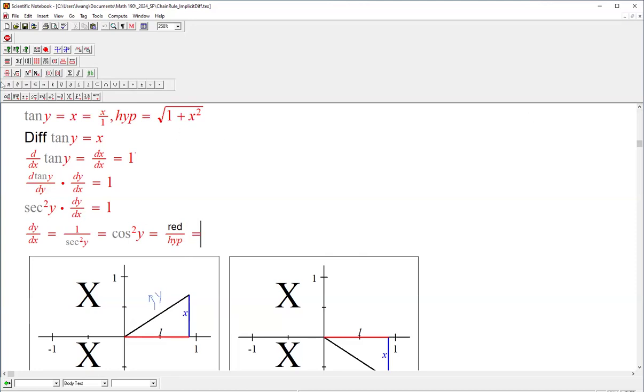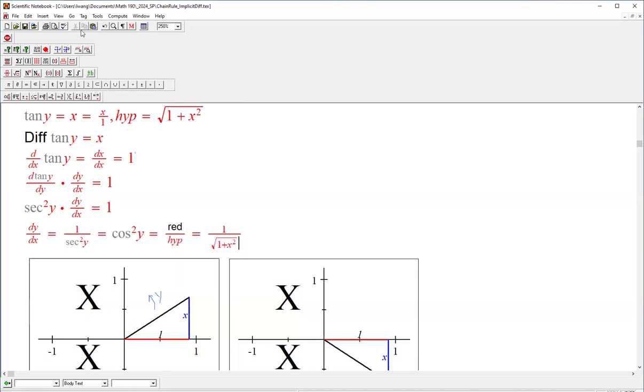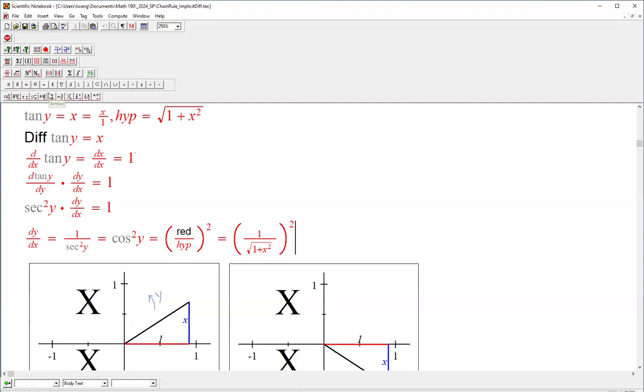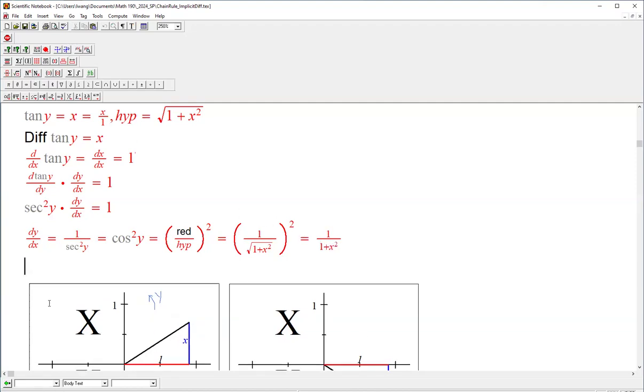The red equals 1, and the hypotenuse is the square root of 1 plus x squared. And of course, all of these need to be squared, because it's cosine squared y. And so in the end, we get 1 over 1 plus x squared. And that is the derivative of ArcTangent.